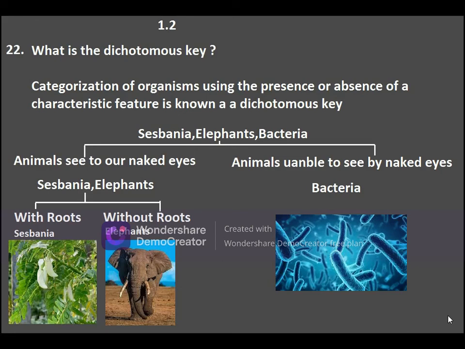Animals visible to our naked eye: Sesbania, elephants. Unable to see by naked eyes: bacteria. According to that, Sesbania and elephants are divided into two: with roots, without roots, as you can see below.